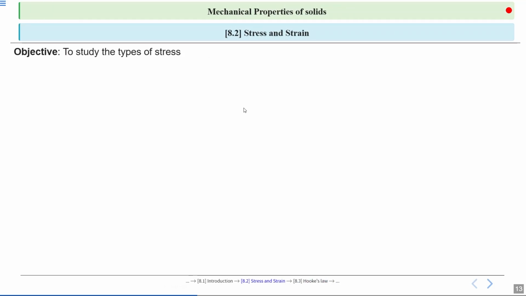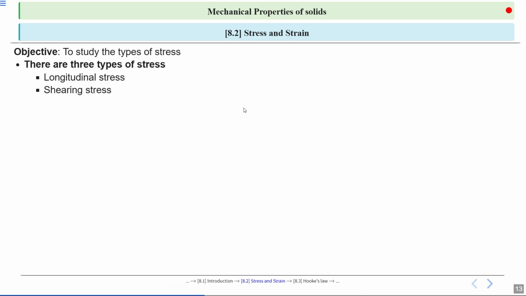So, types of stress. There are three types of stress. First, longitudinal stress. This occurs when a force is applied along the length of an object, causing it to stretch or compress. Think of pulling or pushing a string as an example. Second, shearing stress.